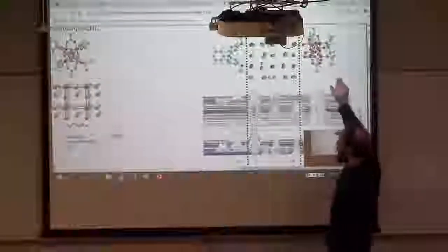I took 100 states below the HOMO and 100 states above the LUMO, integrated out 2 dimensions so that only this dimension is left, and plotted their densities in here.